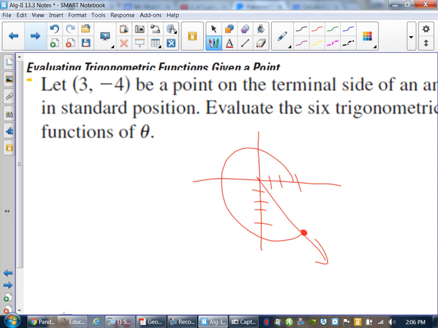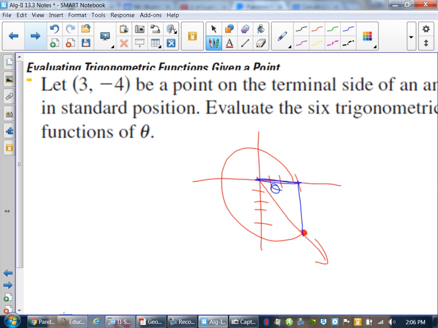And the reference angle that's created is right here. The reference angle is what takes you back to the x-axis. That reference angle is looking at the y value or the x value? It's looking at the y value, isn't it? Because the y value is the vertical part.